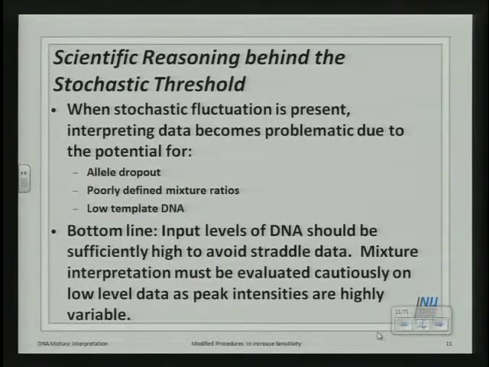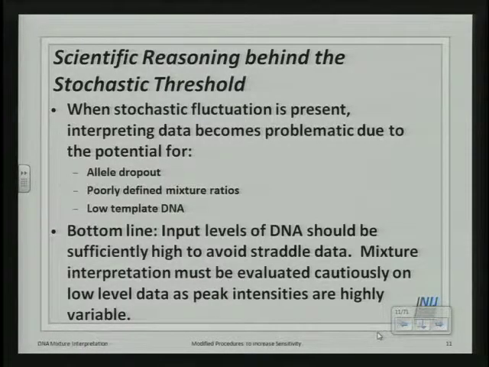So the scientific reasoning behind the stochastic threshold, and one reason I think, again, I'm not speaking on behalf of the SWGDAM group, but one reason why thresholds were mentioned and discussed at great length in that document is that when you do have stochastic fluctuation, interpreting your data becomes problematic. Because you can have allele dropout, your mixture ratio can be variable, and of course you're amplifying low template DNA, so you have the chances of increased stutter and all of the other problems that you can have.